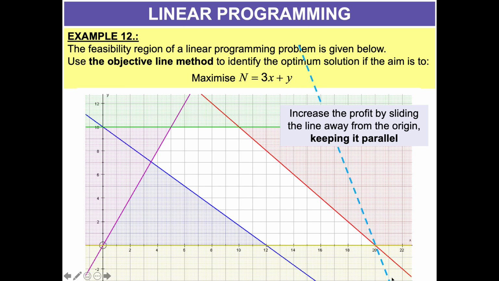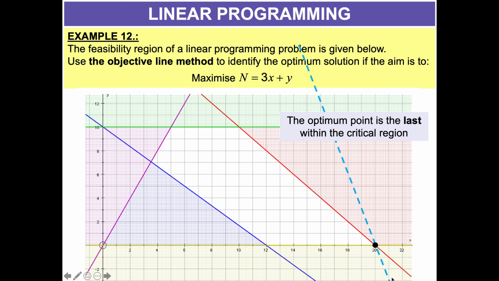So you keep going until you meet the last point of the feasible region, because this last point within the critical region is the optimum point. So in this case it has the coordinates 20 for the x and y is equal to 0. So if you plug it in to the n, you find out the maximum value of n is 60.